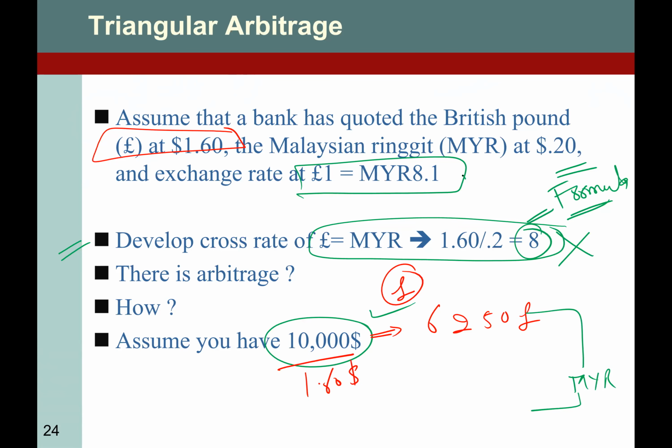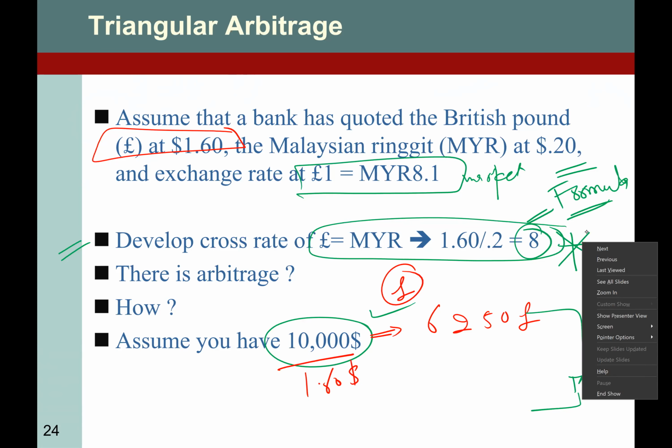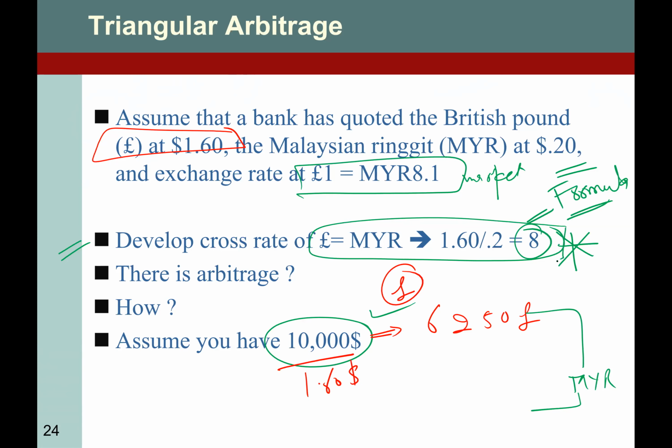But in the market, it is sold and bought at 8.1. So you cannot use this cross exchange rate, because you developed it through a formula. It is not the market value, just the value according to theory and logic. And this is the market value.